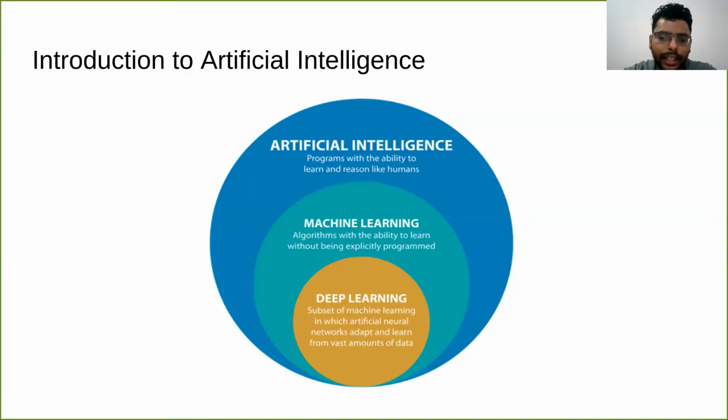And deep learning is a smaller subset of machine learning, where we use something called artificial neural networks. Those are the same attributes that we have in our human brain and how our human brain operates. Deep learning uses those techniques to learn and try to recreate human activities.